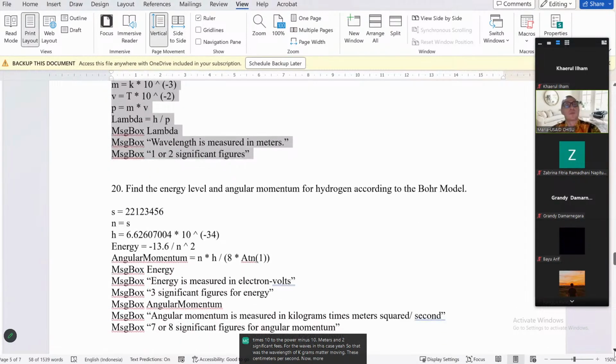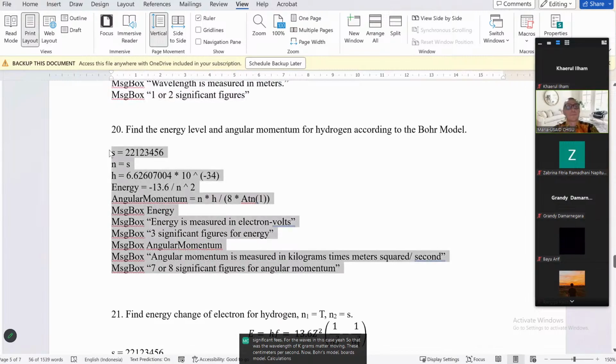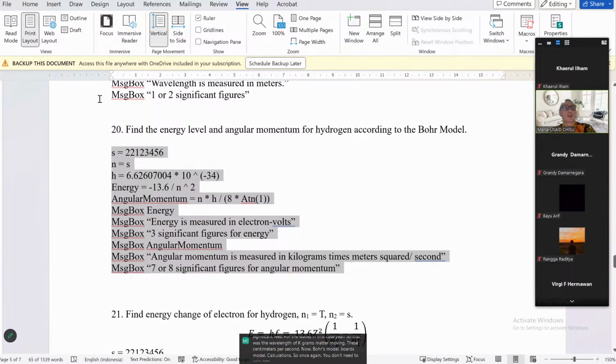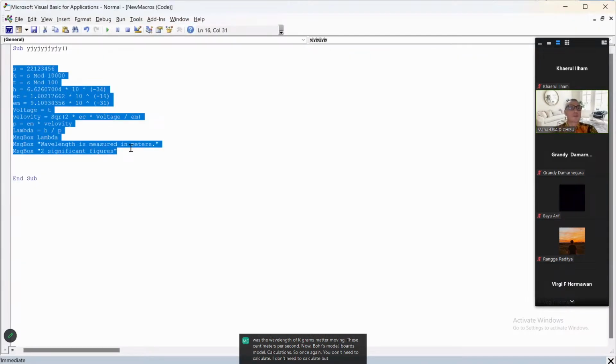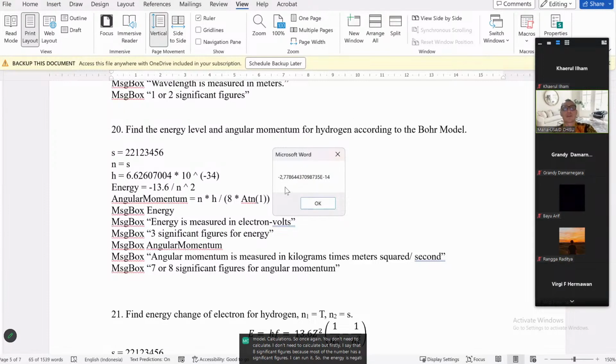Now Bohr's model calculations. So once again, I don't need to calculate, but firstly, I say 8 significant figures because my student number has 8 significant figures, and I can run it. So the energy is negative, that's correct.